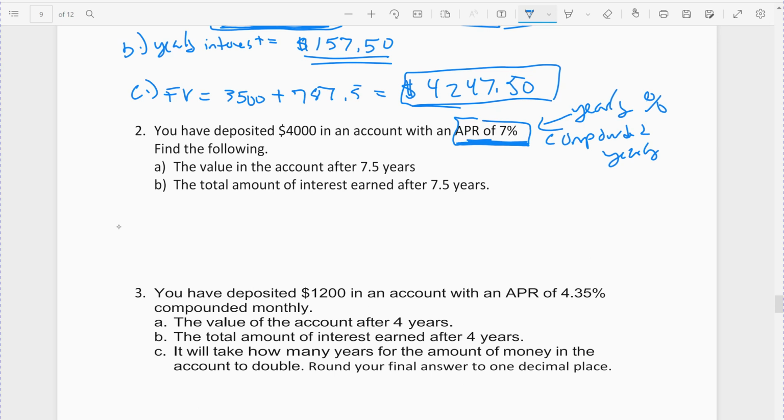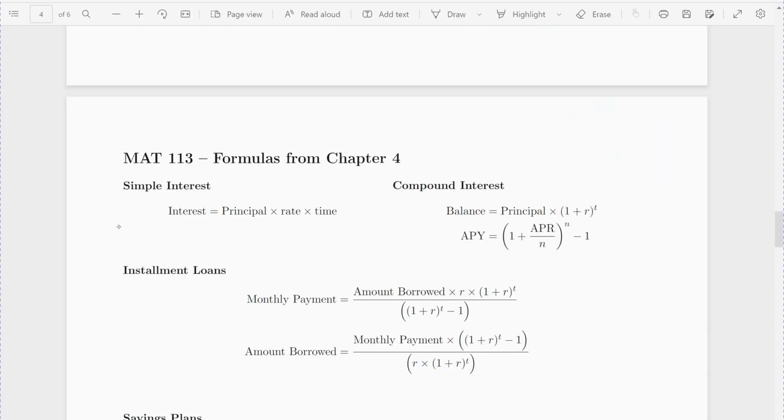We want the value of the investment after 7.5 years and the total amount of interest in 7.5 years. If you're using your formula sheet, this is the compound interest case, where we use the principal times 1 plus r raised to t. Remember what r and t are.